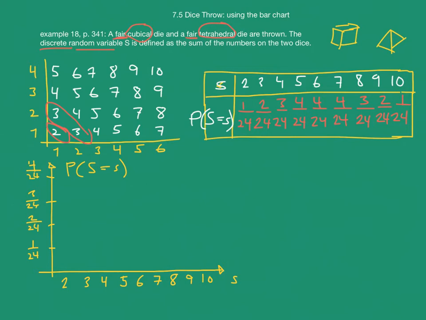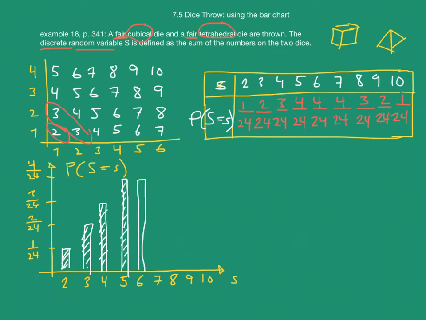So if we were to draw this, it would look like this. So that's 1/24, and then 2. I'll just fast forward a little bit. It's 4 and 5, 6, 7, 8, and 9, and 10.